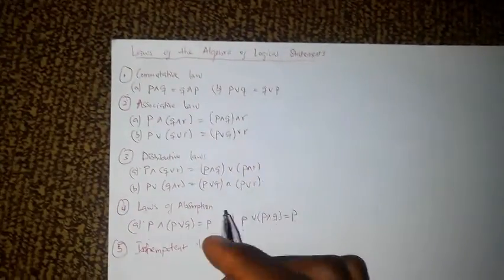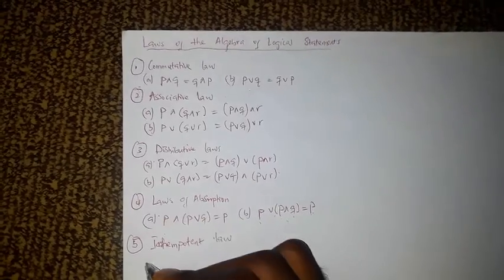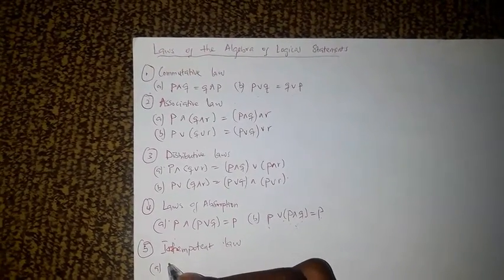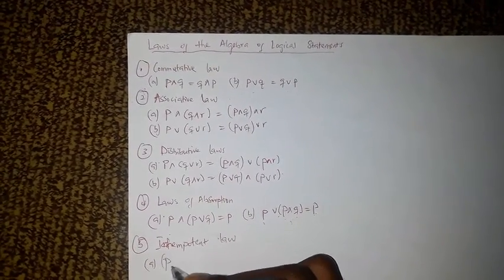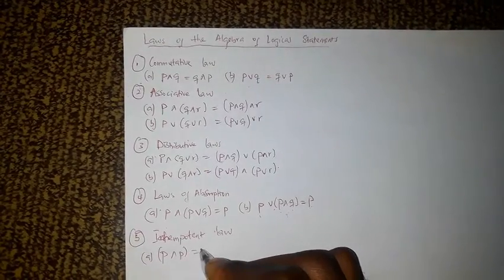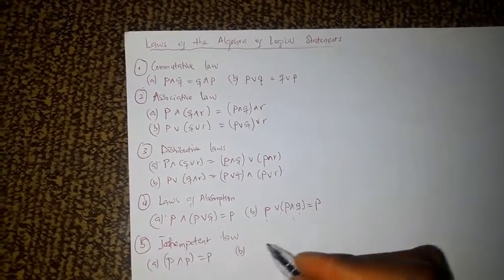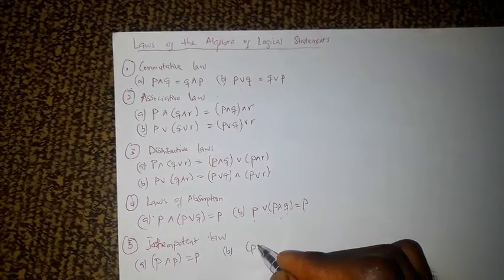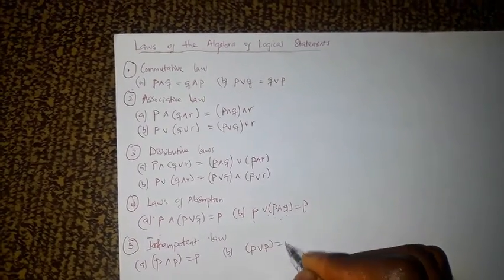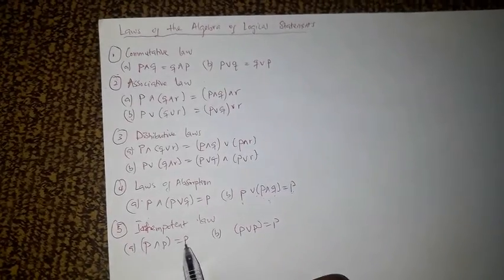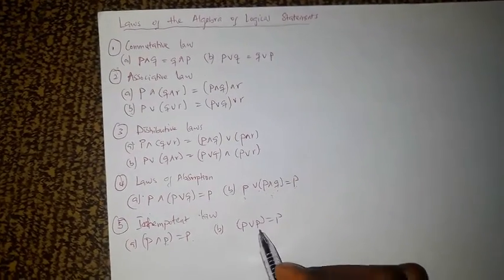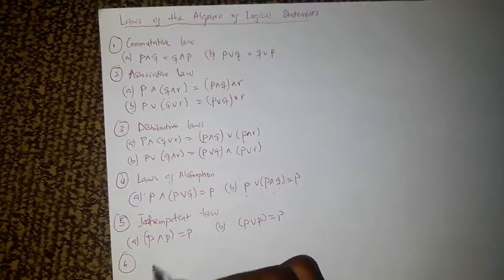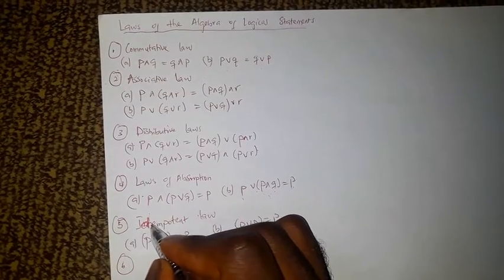For the idempotent law the first one is P and P equals P, and the second one is P or P equals P. That is, the intersection between P and itself is P. The same thing with its union.